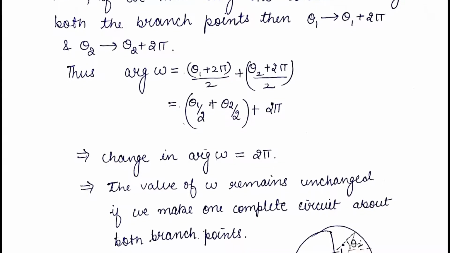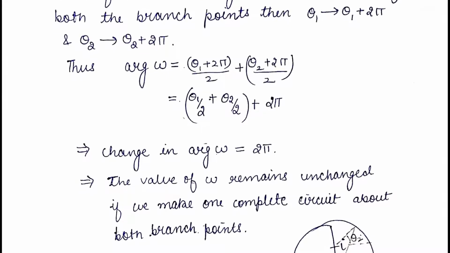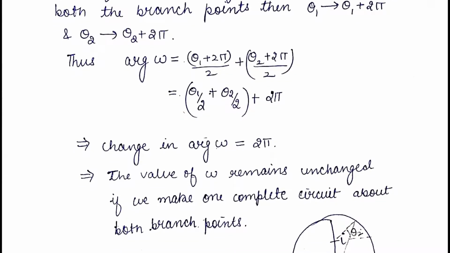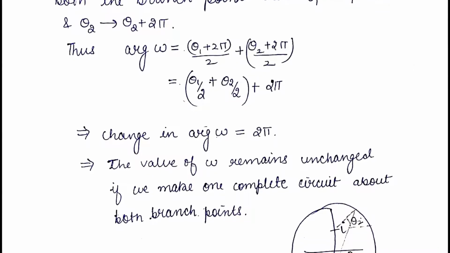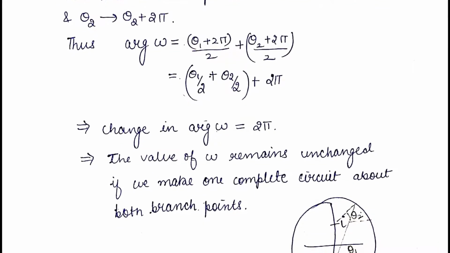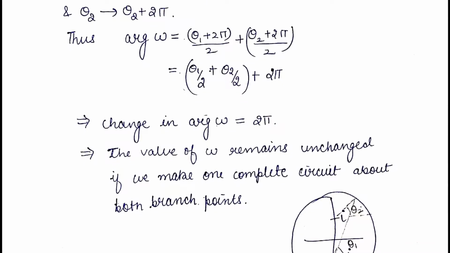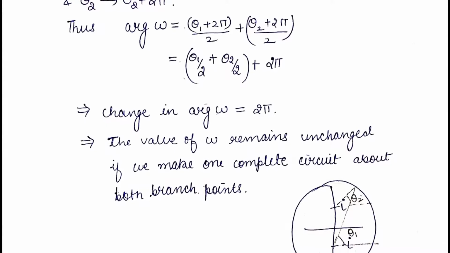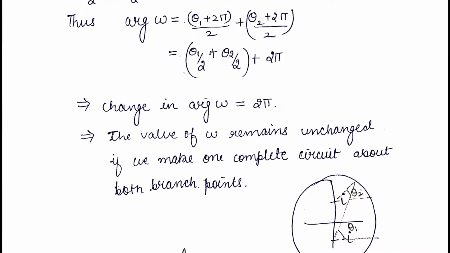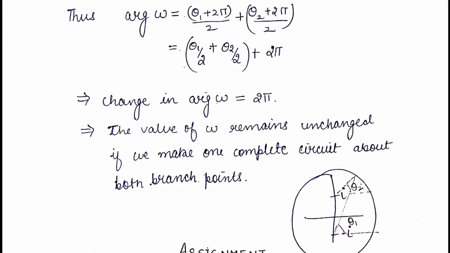That means the change in argument is 2 pi, and we know that the value of e raised to iota 2 pi is 1, so there will be no change in the value of w when we make only one complete circuit enclosing these two points.